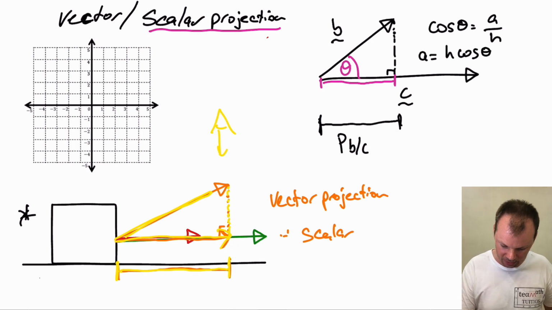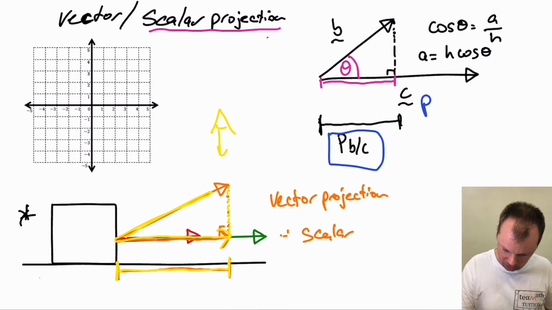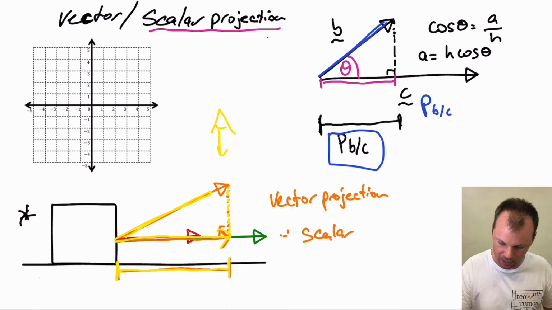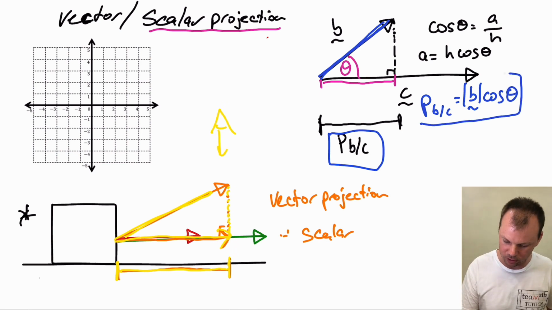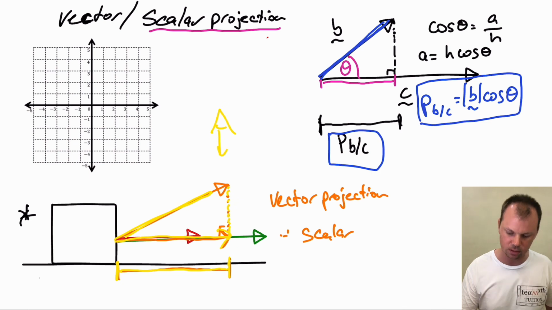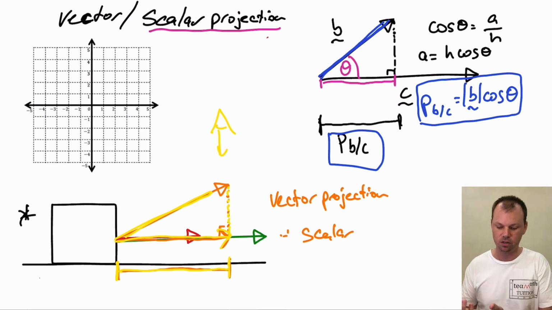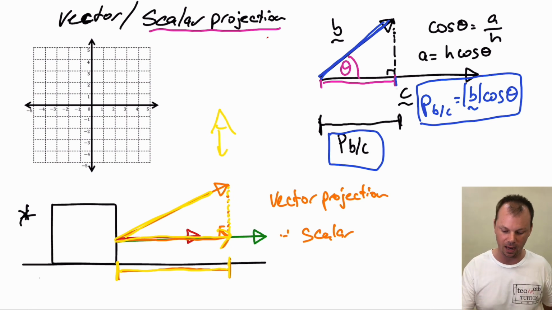Our adjacent side is notated this way, it's our projection of B onto C. Our hypotenuse, this guy here, is just the length of that vector, which is our magnitude of B. And this is our formula for the projection of one vector onto another. So the projection of B on C, we find the magnitude of B, we times it by cosine of the angle between the two vectors, and we get our adjacent length, or our projection of B onto C.